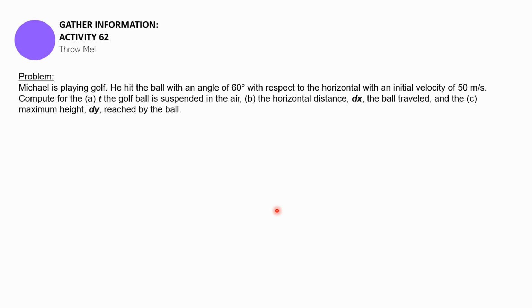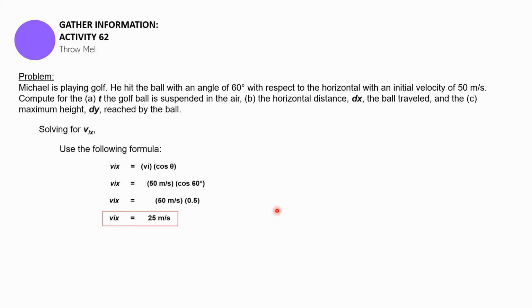Alright, now let's move on to the next part of our solution, which is solving for the horizontal component of the initial velocity. What we need to use as a formula for this part of the solution is the following. So remember, sinabi natin to kanina, our initial velocity must be multiplied by the result of cosine 60 degrees, which is 0.5, and it will be resulting to 25 meters per second.